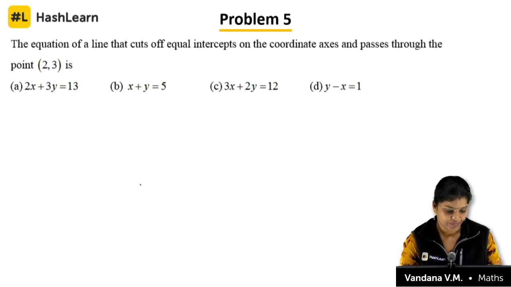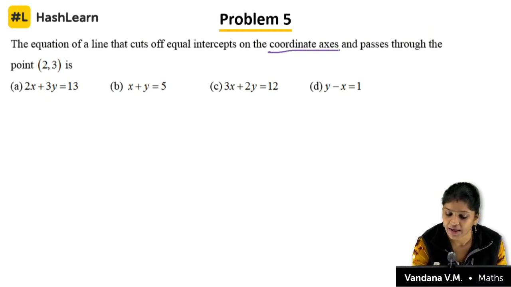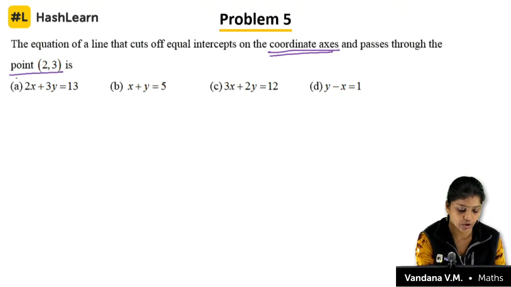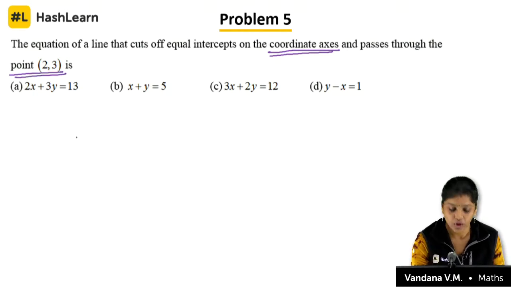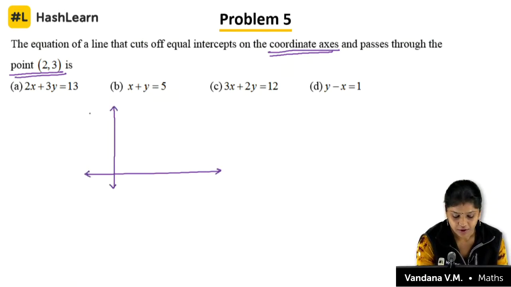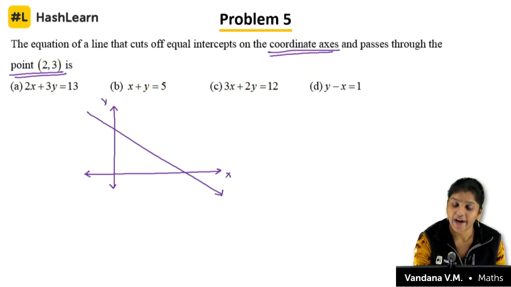Next one. The equation of a line that cuts off equal intercepts on the coordinate axes and passes through the point 2 comma 3. What you understood? I understood that there is a line cutting the coordinate axes, that is the reason why I am writing.